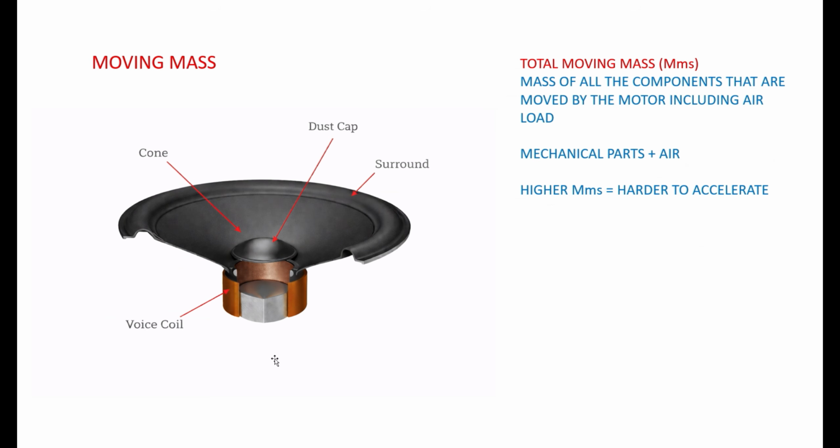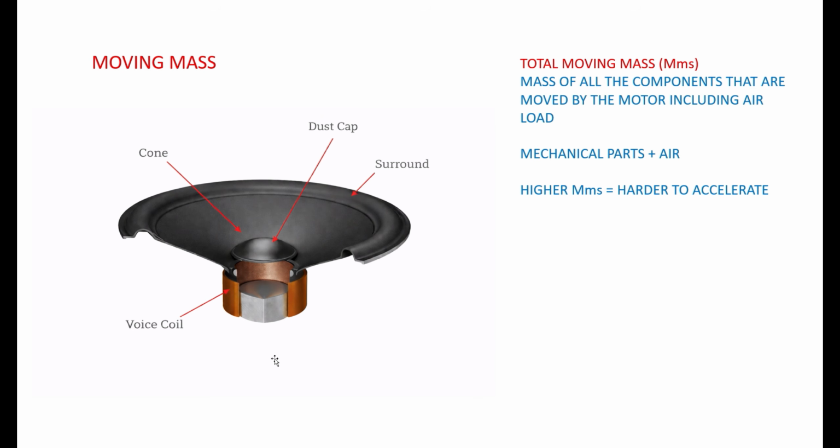All right, the next set of specifications is around mass. So the first one is what we call total moving mass, MMS. Now we touched on this earlier when we were talking about driver motor strength, because the driver motor of the speaker has to move the moving mass back and forward, right?